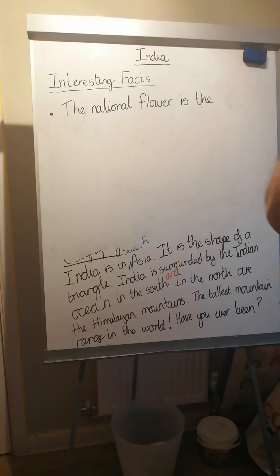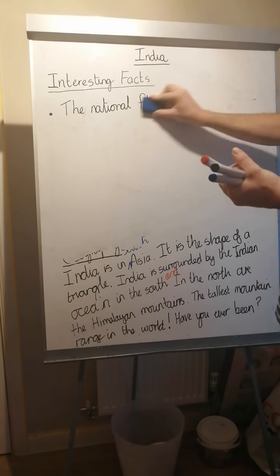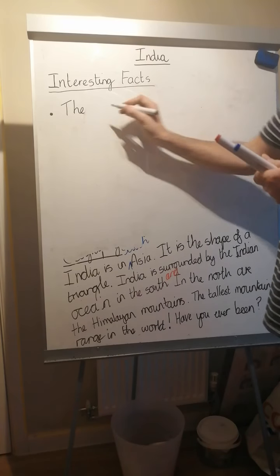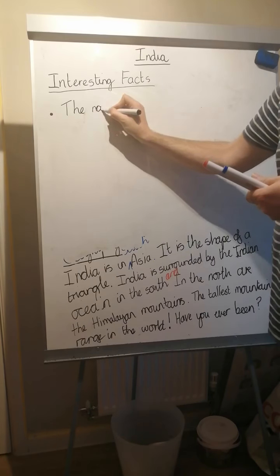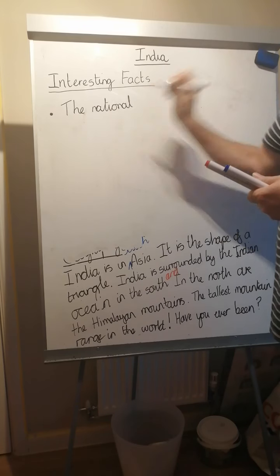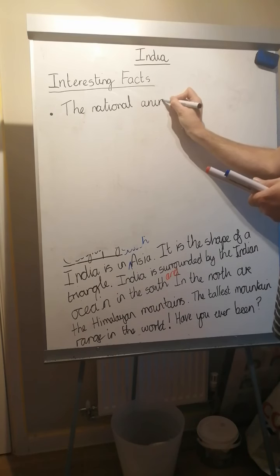The national flower is, it's not the lily. Right, let's think of another one. So let's go for the national bird. Or the national animal, actually, because the bird was the one I did. So the national animal is the tiger.